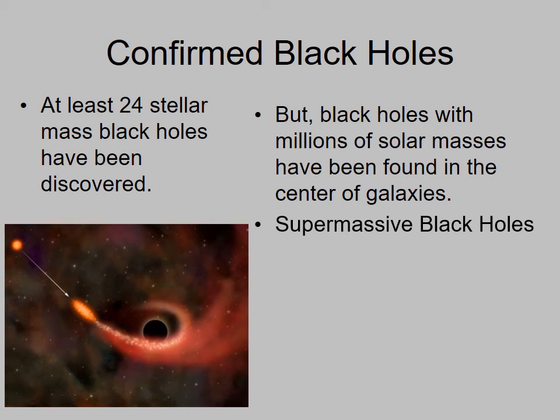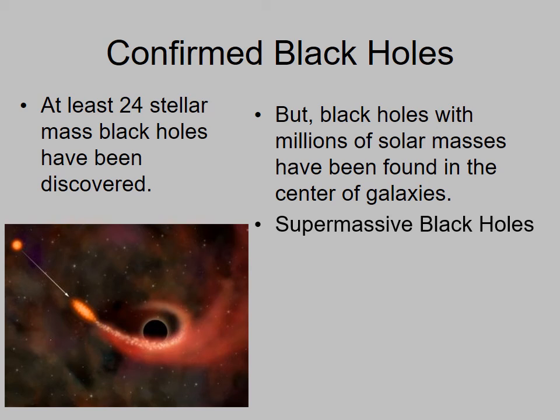Stellar mass black holes, which almost definitely come from stars that have collapsed. Supermassive black holes, they have to come from a different formation process because you can't have a million solar mass star. And likewise, it's not realistic to imagine millions of black holes running into each other to make this. And so there's got to be some process that makes it. So these are the only two types that we knew until not too terribly many years ago.